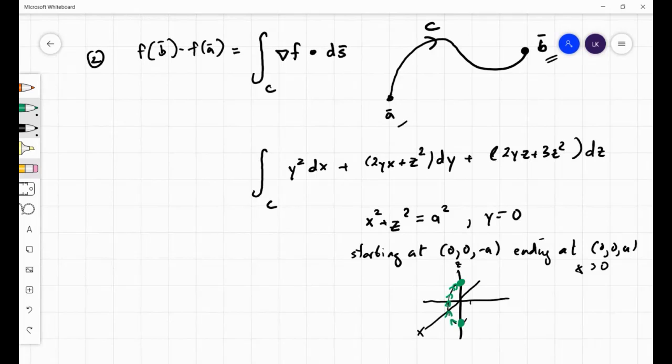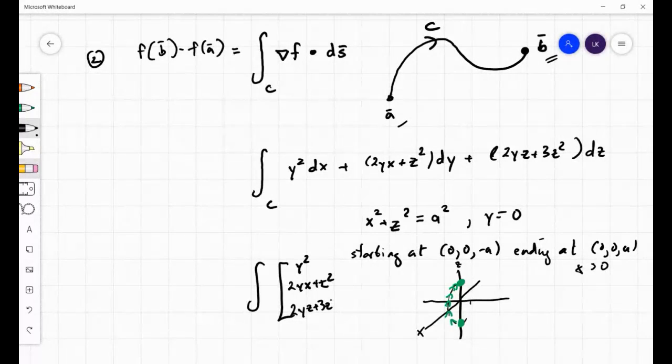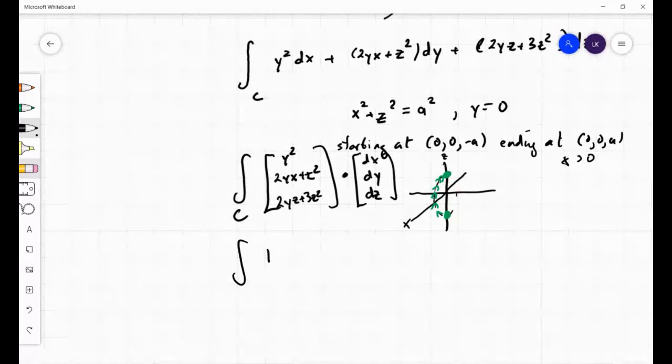And instead of trying to parameterize this, we can notice that if we think of this as f, the vector field, the three components, right? So we're essentially doing this work integral.